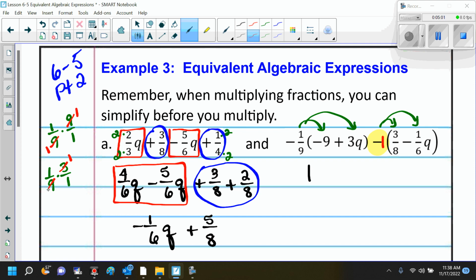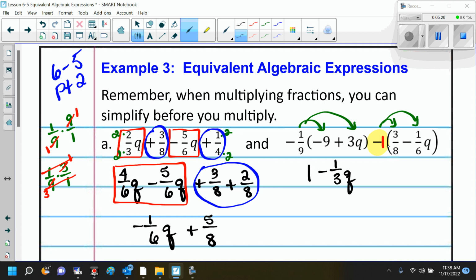And 9 divided by 3 is 3. When we multiply straight across, what do we get? 1 over 3. Very good. So over here, a negative times a positive is a negative. So that's going to give me negative 1/3 q. Is everybody clear? All right.